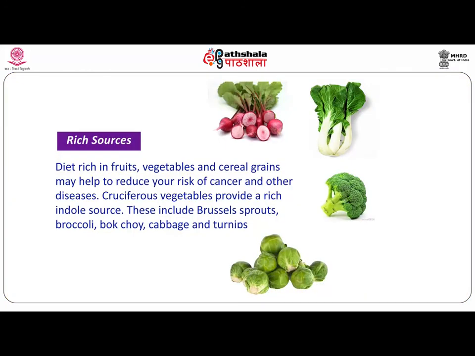Diets rich in fruits, vegetables and cereal grains may help to reduce the risk of cancer and other diseases. Cruciferous vegetables provide a rich indole source, and the cruciferous vegetables include Brussels sprouts, broccoli, cabbage and turnips.